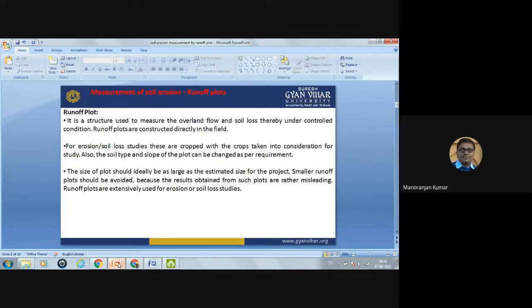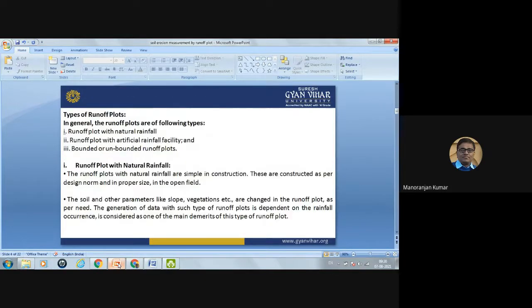Now we will see the types of runoff plots, how many types there are. Basically, there are three types of runoff plot. The first one is runoff plot with natural rainfall.